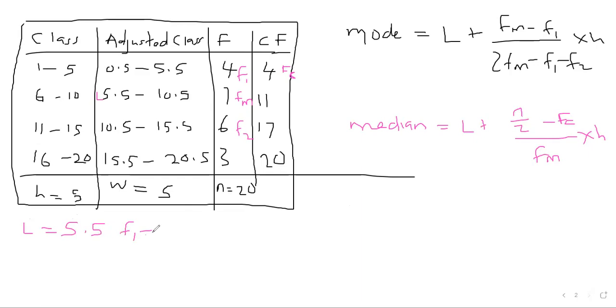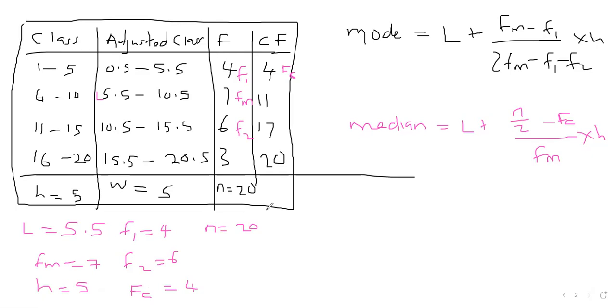F1 is 4. Our F2 is 6. Our Fc is 4. Our Fm is 7. And our height is 5. So we have everything we need. Our n is 20.